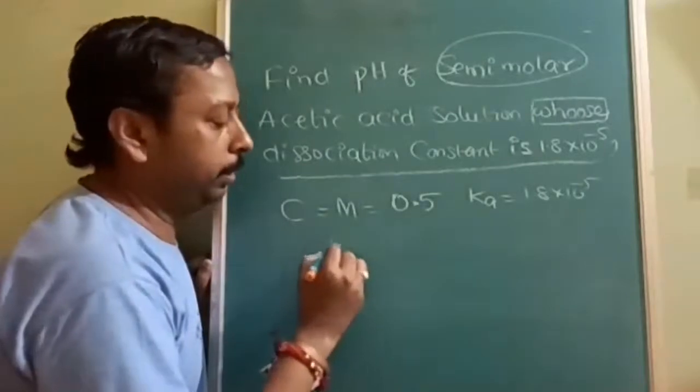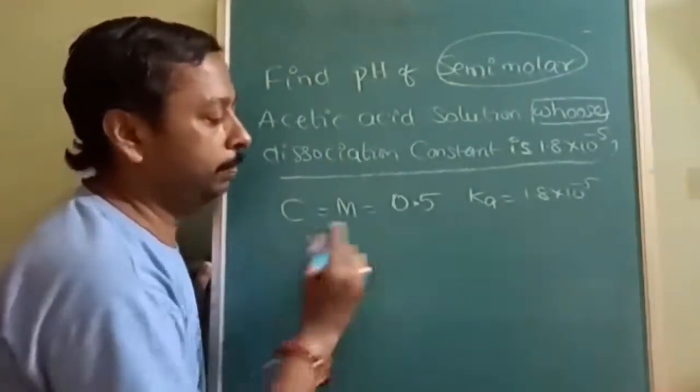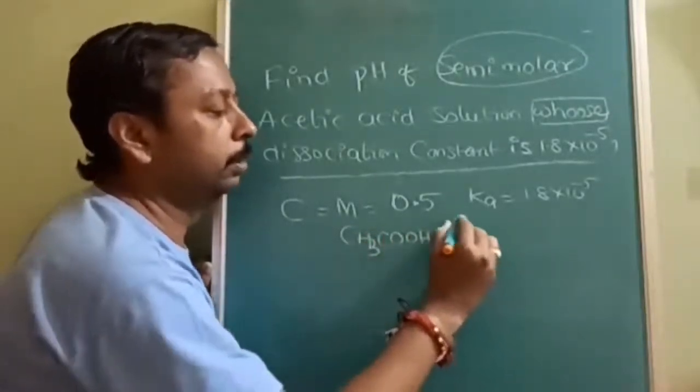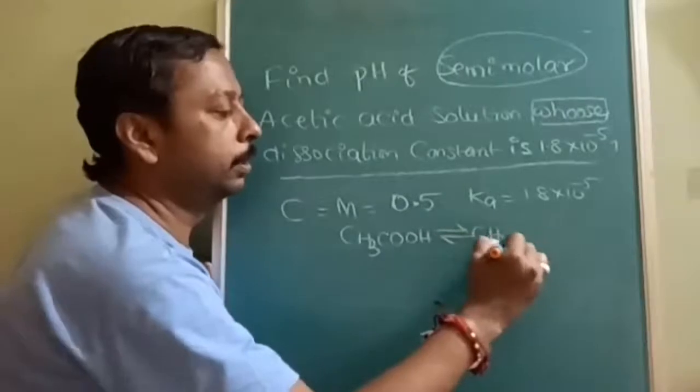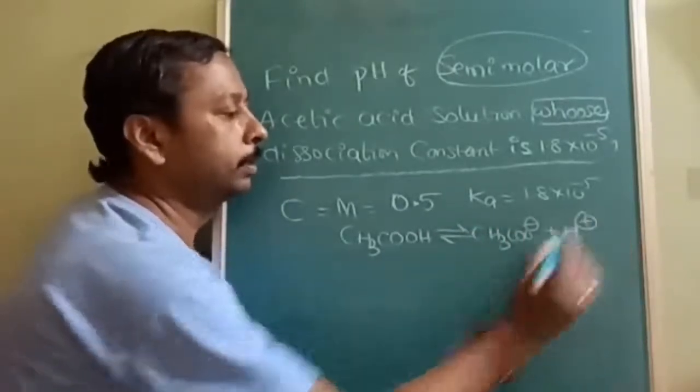Now, for pH we require the concentration of H plus. CH3COOH reversible CH3COO minus plus H plus.